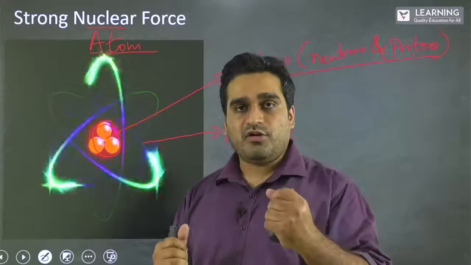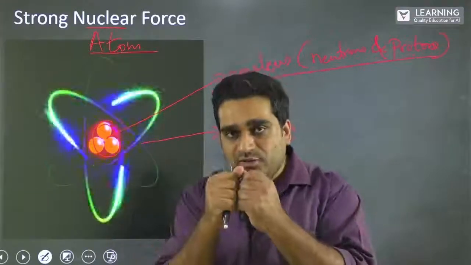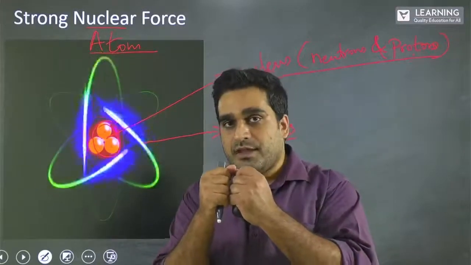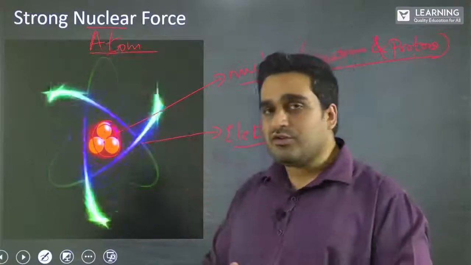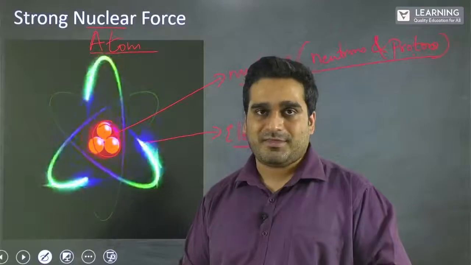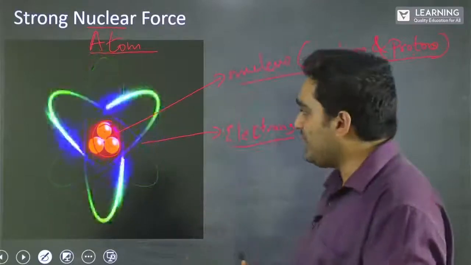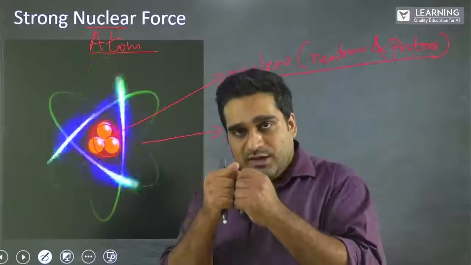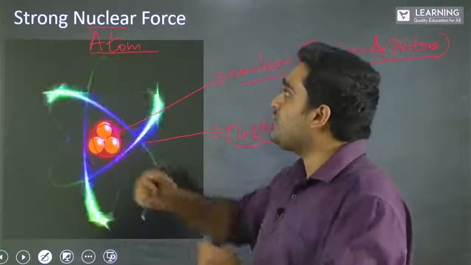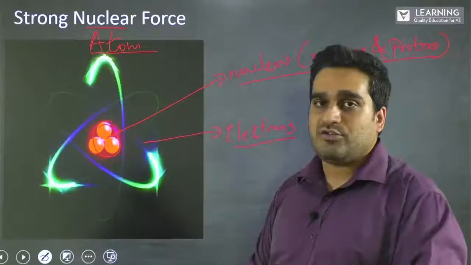A neutron and a proton are held together with some force, and that force is what we call the strong nuclear force. Okay, I hope I've made that easy for you. Protons and neutrons are held together by a very strong force, which is called the strong nuclear force.